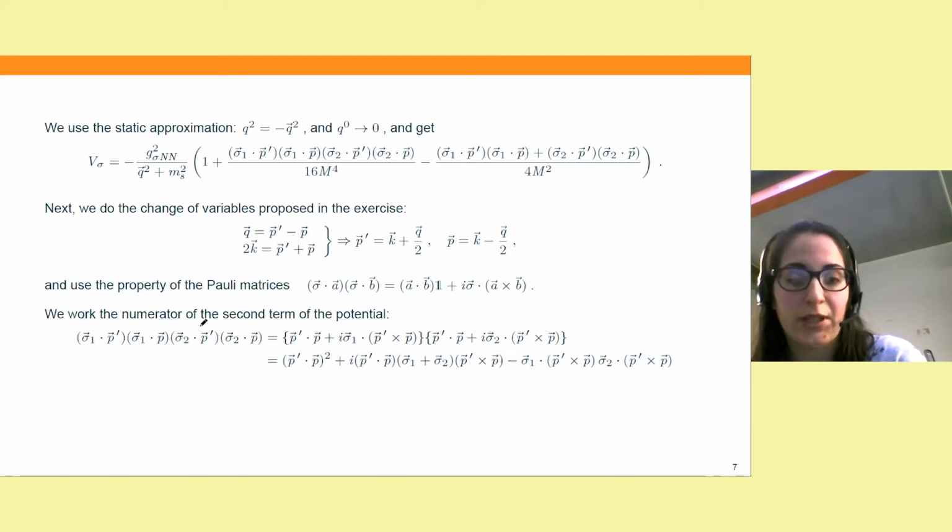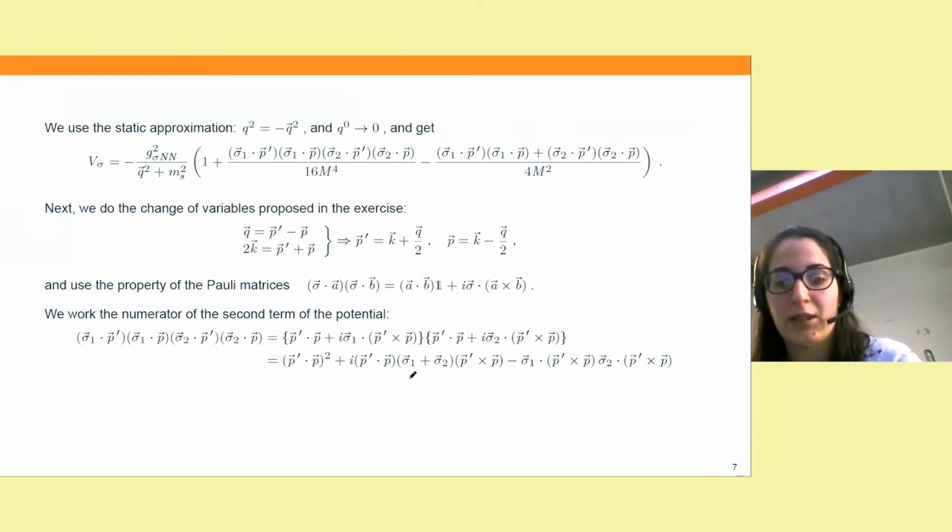And the same for the other two, sigma 2 times P prime, sigma 2 times P, and we get this. And if we further work this expression here, we have P prime times P squared. And then we have this P prime P times this vector product here, but also this here times P prime P.